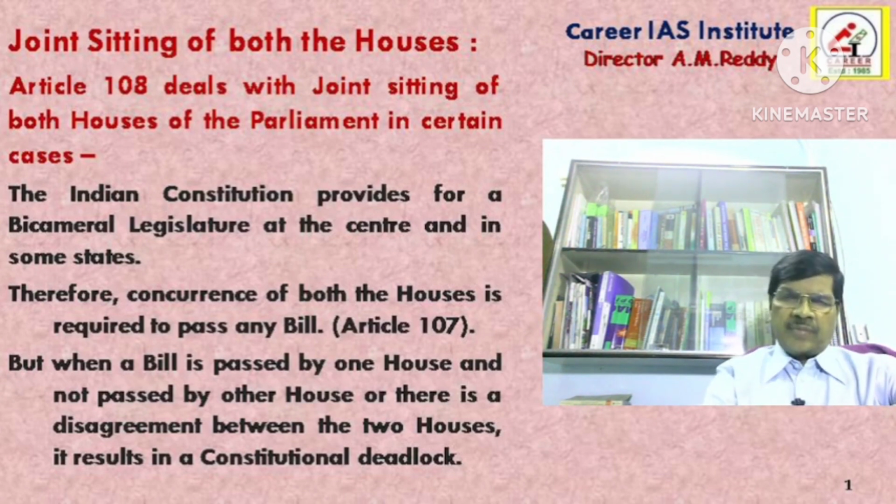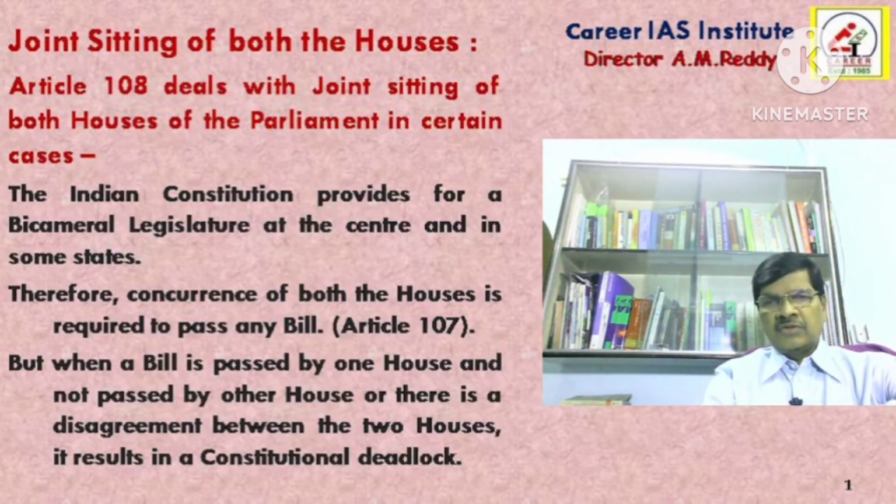A bill shall be passed by both the houses of parliament, then only it shall be sent to the president for his assent. Once the president gives his assent to the bill, it shall become an act, and after that it shall come into force, meaning it shall be implemented.